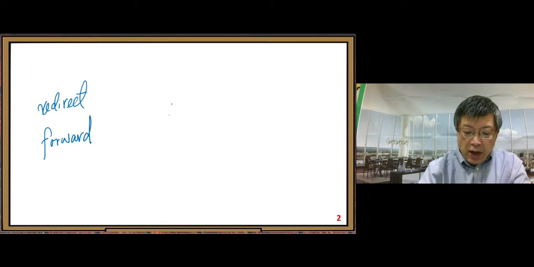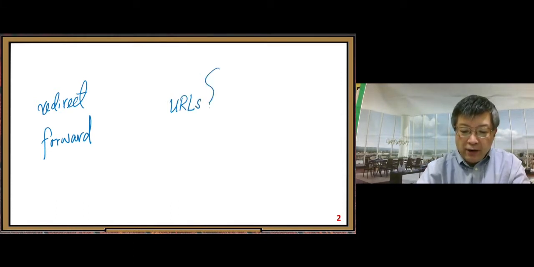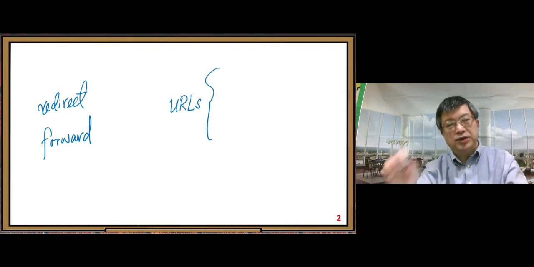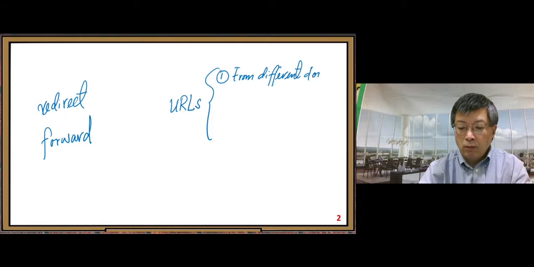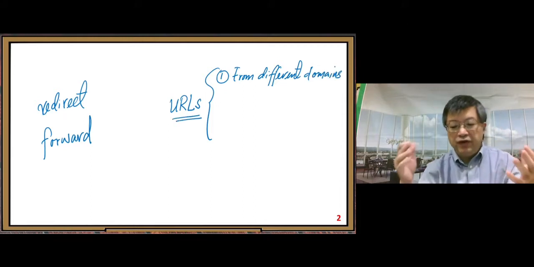All right, so the URLs, because for redirect and forward, we look at the URLs, right? For the URLs, there are 3 types. First type: the URL from different domains.